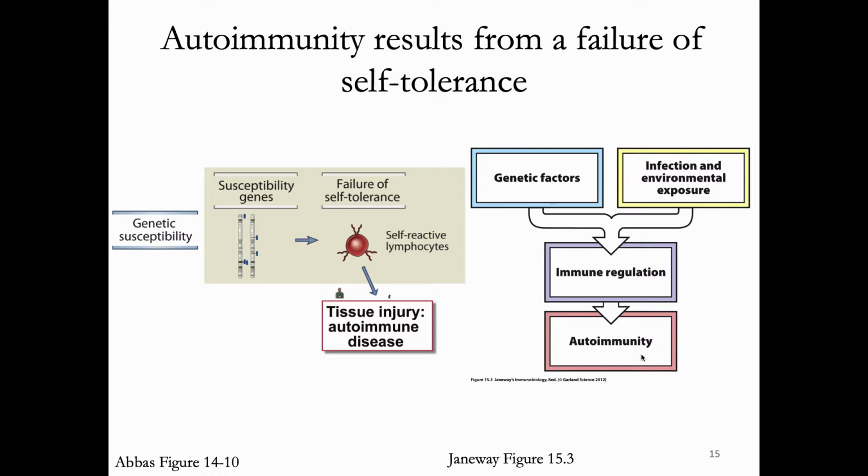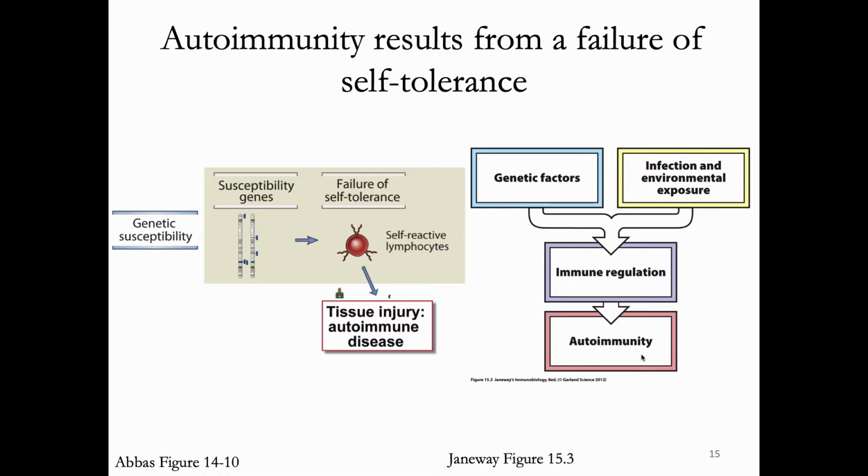Your textbook has this whole table of possible environmental exposures that could predispose you to autoimmunity. And so there's a lot of different types of things that can happen. But those two things together can mess up immune regulation and potentially lead to autoimmunity.